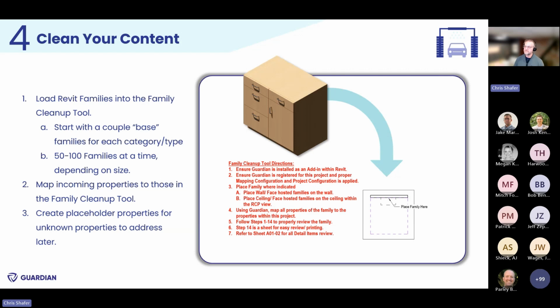Once you start going, you start picking up speed, because you're doing these mappings as you go along. And as I mentioned earlier, about 90% of the mappings are going to be performed probably within the first handful of families. And so at that point, your time is not really doing much other than Guardian and Revit processing those incoming pieces of content.